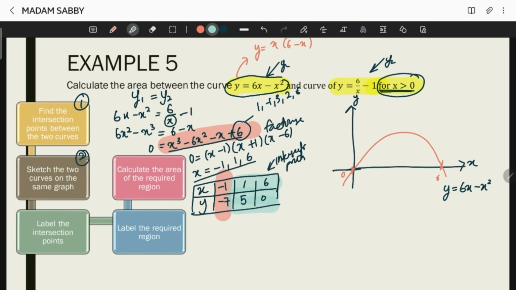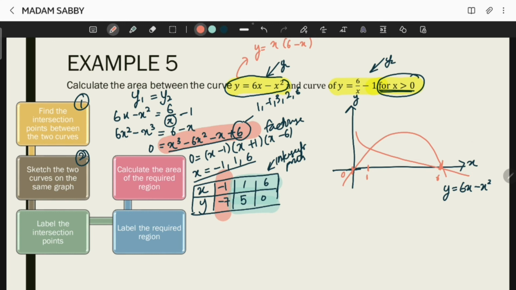There are intersections between the two curves at x equals 1 and at x equals 6. So let's say this is 5. That is the coordinate intersection between the two curves.